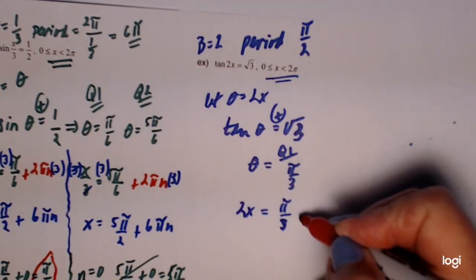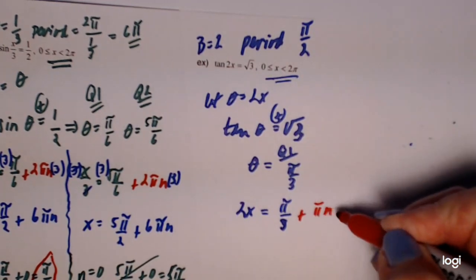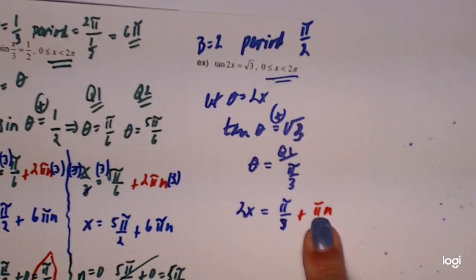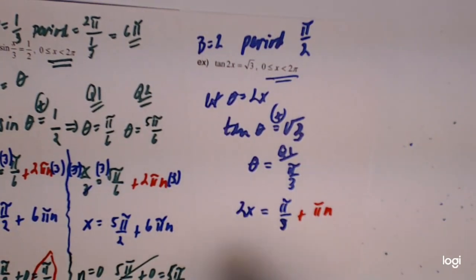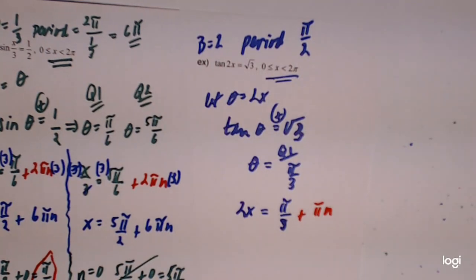And for tangent, instead of adding 2 pi, we're going to add pi n, because remember, for tangent, the period is just pi. So here is our statement where we've taken the angle that we found and we've added this pi n thing that's going to help us generate all the angles.